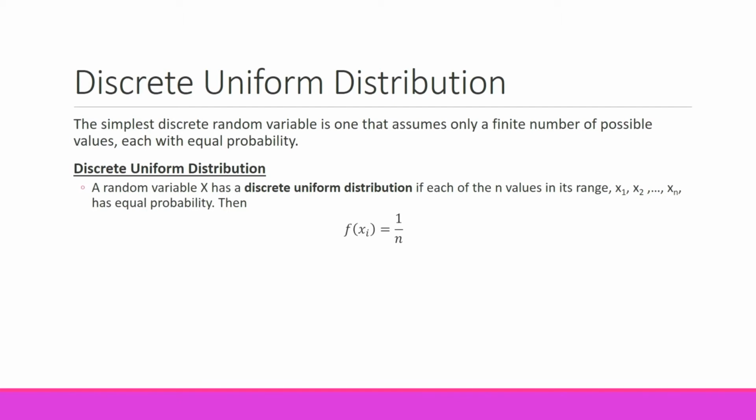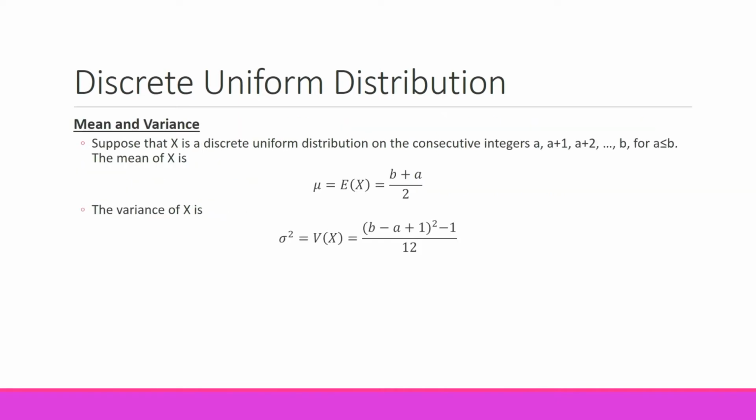You could also be talking about rolling a six-sided die. If each side has equal probability, then the probability of getting a 1 is 1/6. Probability of getting a 2 is 1/6. So on and so forth. You could roll any other size die, a 20-sided die, for example. Each one of those values has a probability of occurring of 1 over 20.